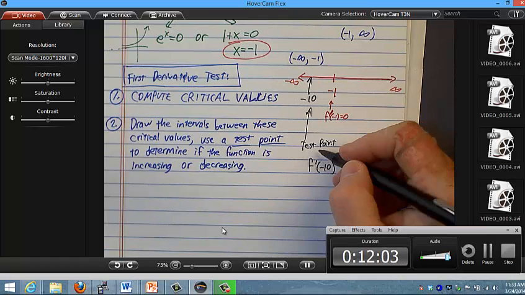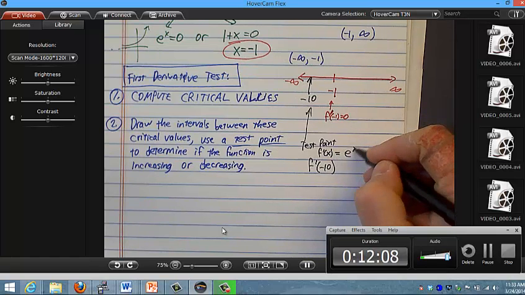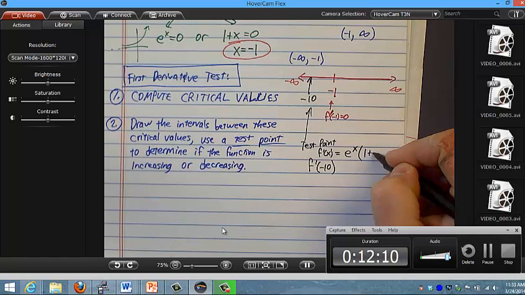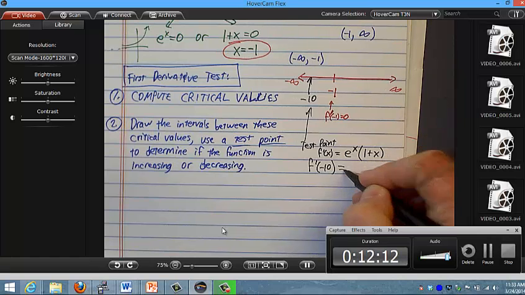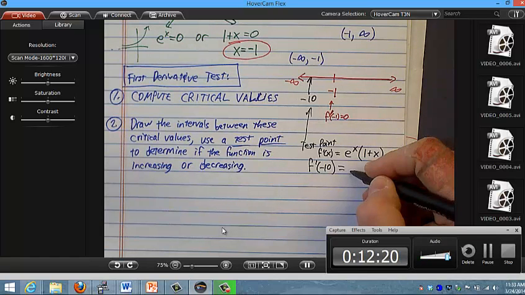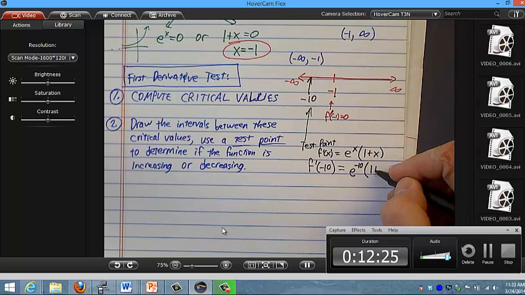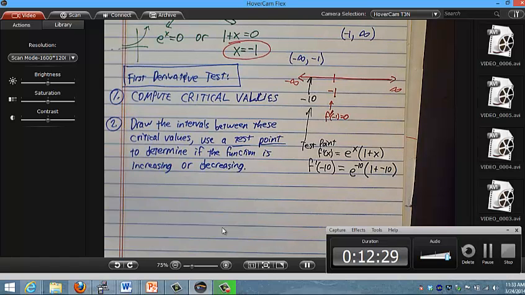Well, I better write down what I had. I had f prime of x was e to the x times 1 plus x, right? It's actually really nice if it's factored like this. So when I go to do f prime of negative 10, I get e to the negative 10 times 1 plus negative 10. You guys with me?